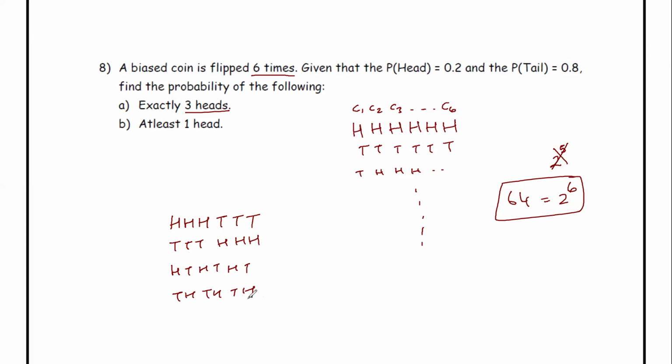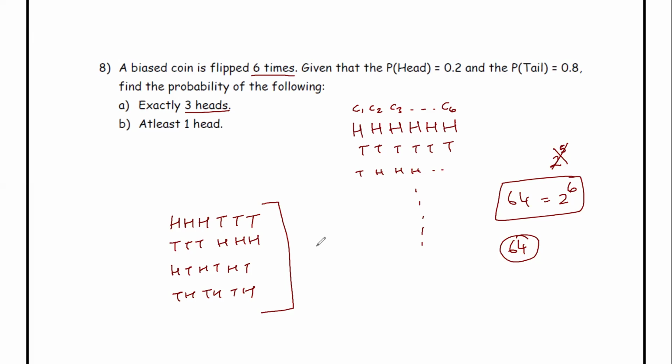First of all, like in the previous question, we need to find out how many such arrangements of 3 H's and 3 T's there are out of the 64. When I did counting and combinatorics, the previous topic review, I explained permutations and combinations, along with the arrangement of letters.